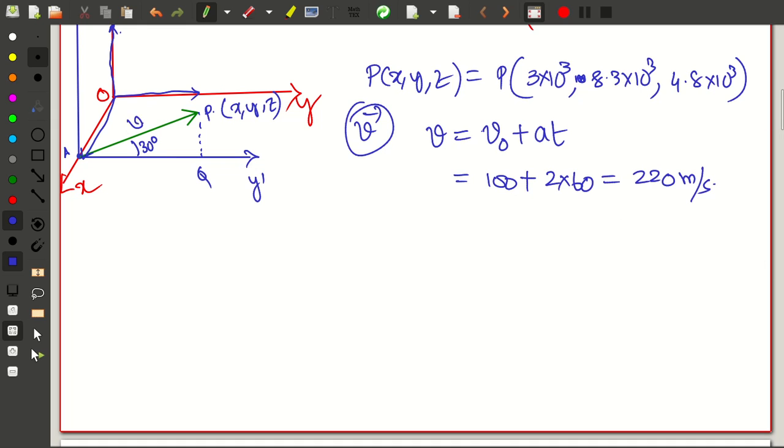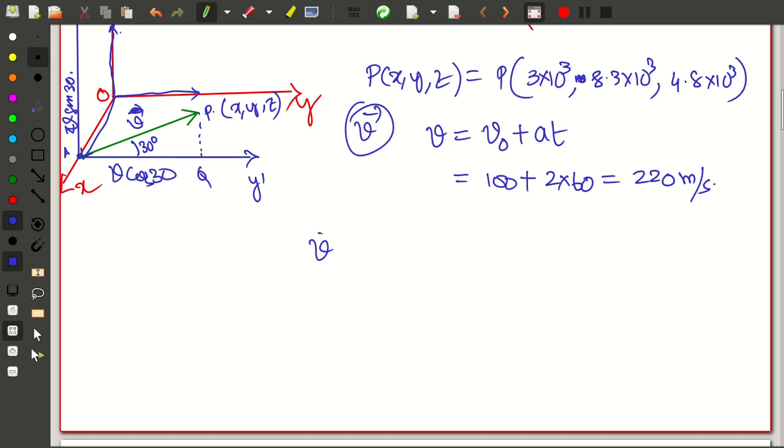Once you know the magnitude of the velocity, the components of velocity along the y-axis you can find from v cos 30, and in a similar manner you can find the z part, that is v sin 30. So both you can find out.